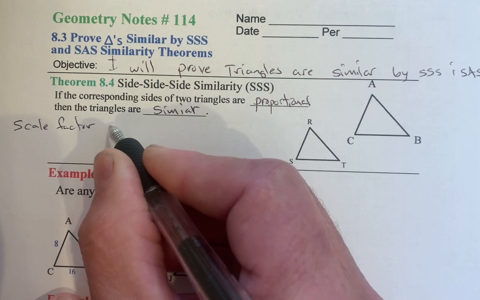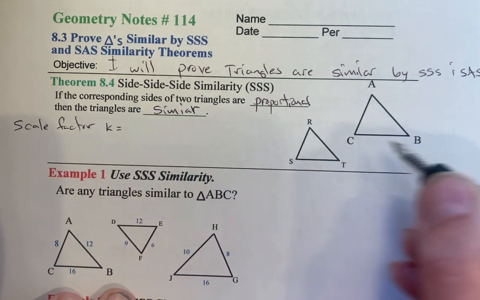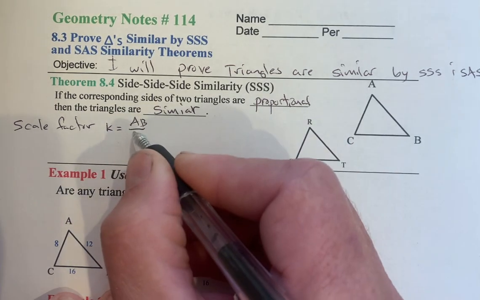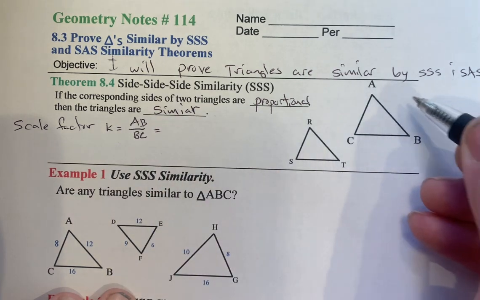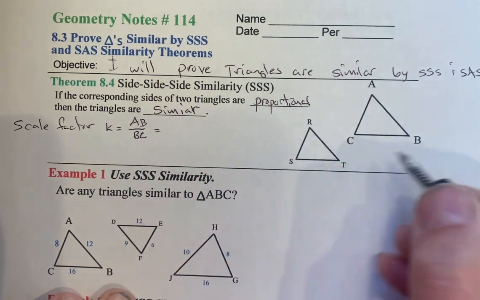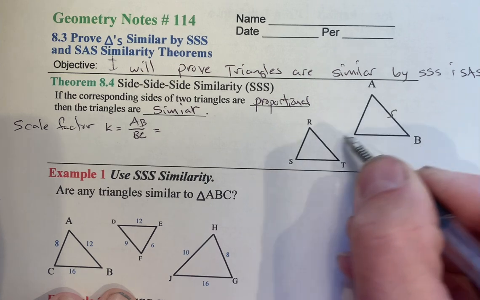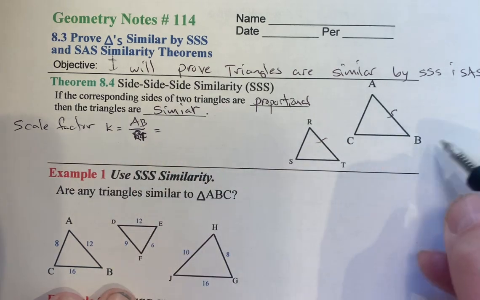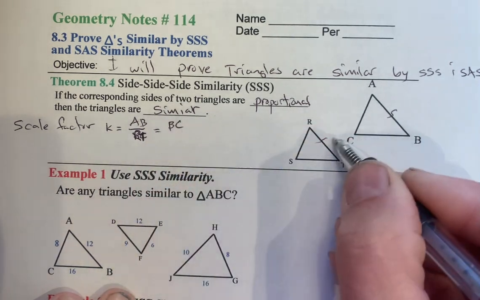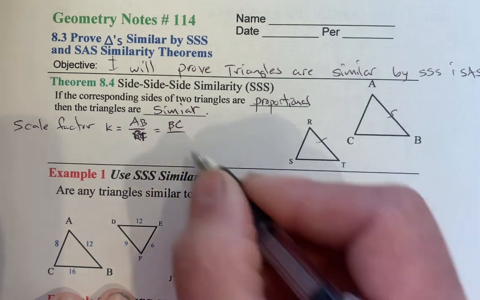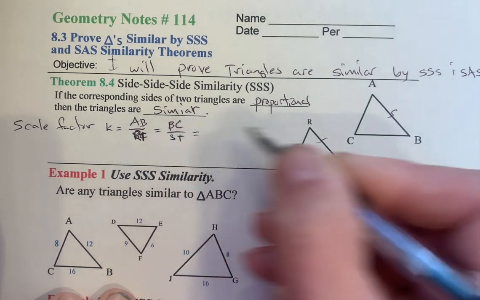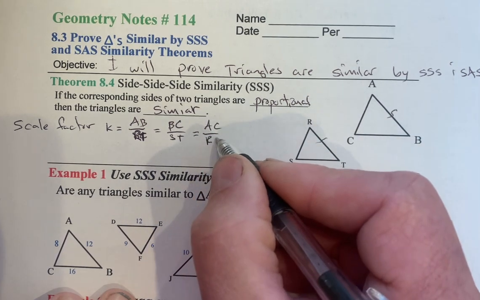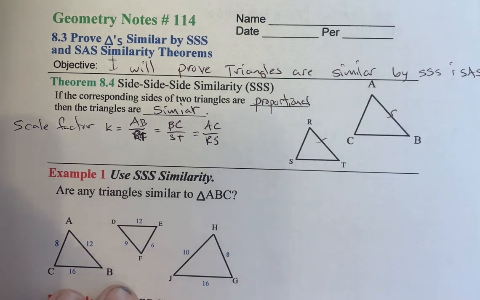If I wrote the scale factor K for these two triangles, it would be AB over RT equals BC over ST, which equals AC over RS. So that scale factors would all be the same.